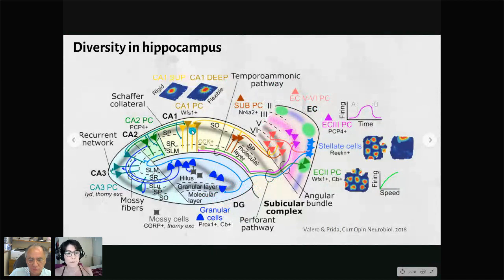But this rapidly evolved into the picture you are now seeing. Not only shortcuts like these ones, or recurrent connections like these ones, were discovered. Also, cell type specific connectivity and functionality from many diverse cells.